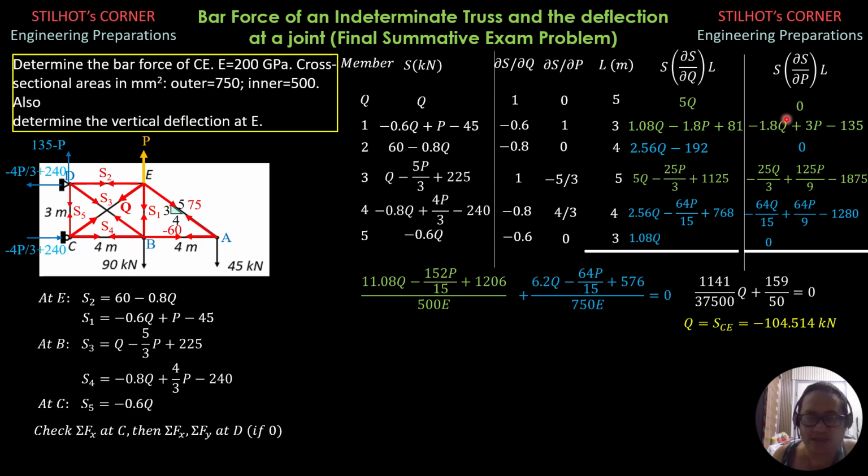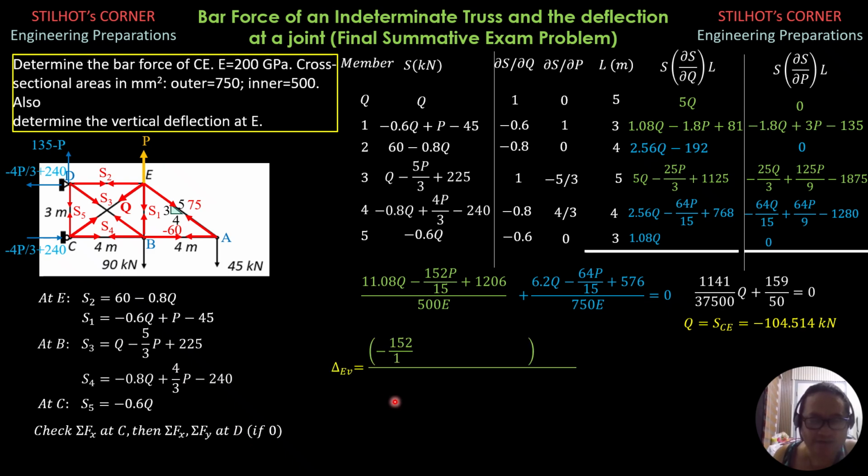Then we add this row here. Again, we ignore the value of P because it is just invented. Then we already calculated Q from these results, but this time we multiply the numerator by 1000 squared. We divide it by E, which is 200,000, to express the answer in millimeters.